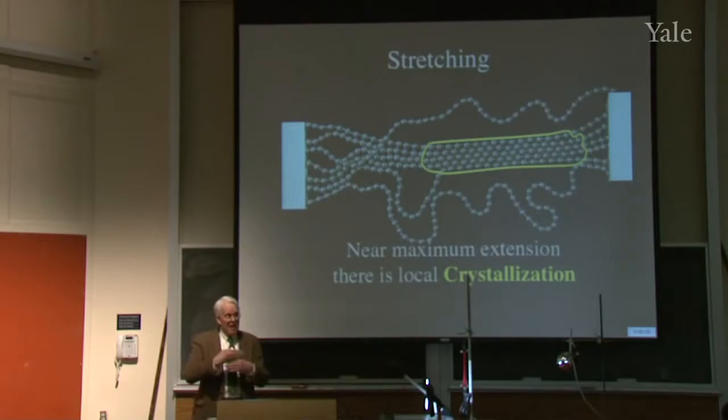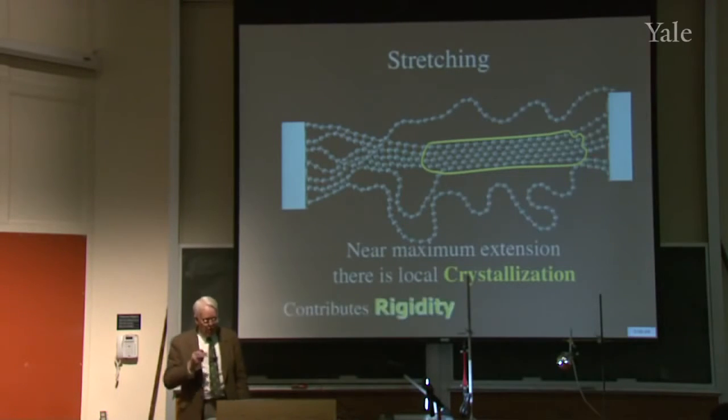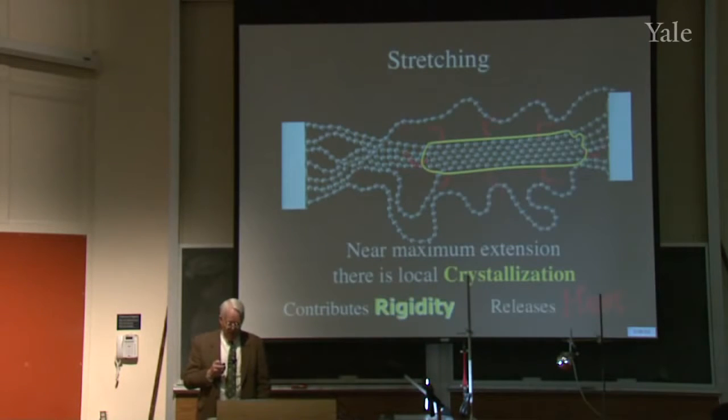And when they come together like that, they're lower in energy, so they give off heat. So when you stretch it, at first it doesn't make any difference. But the very last bit of the stretching causes this crystallization, and heat comes out, right? So there's local crystallization, which contributes rigidity and releases heat.